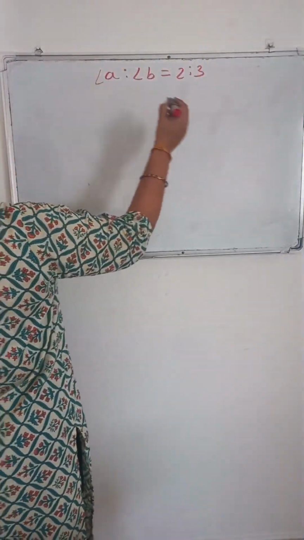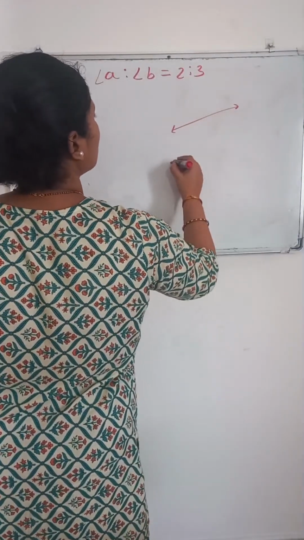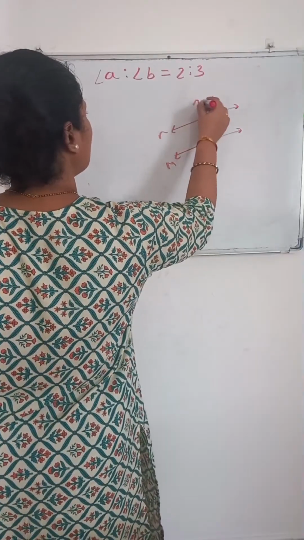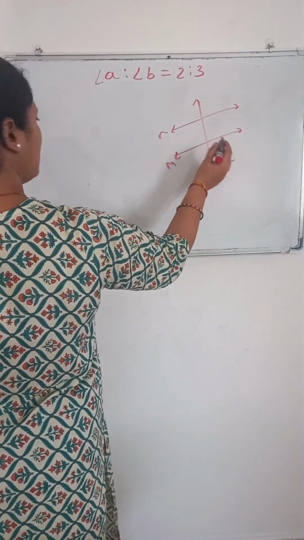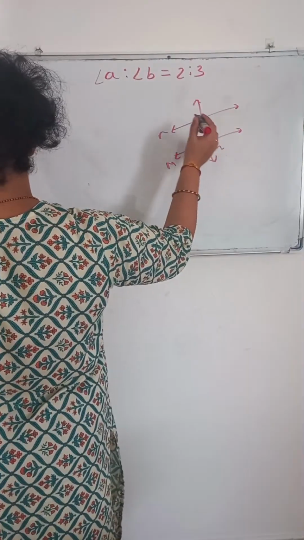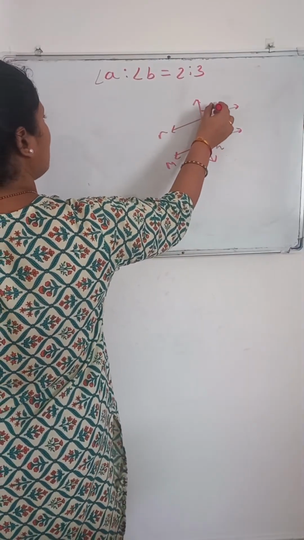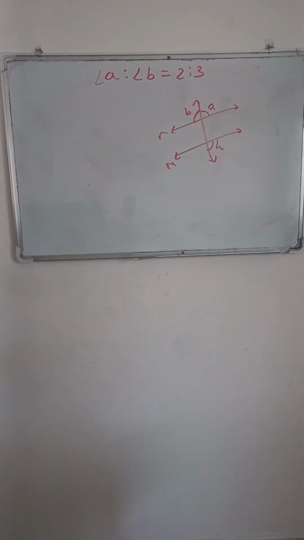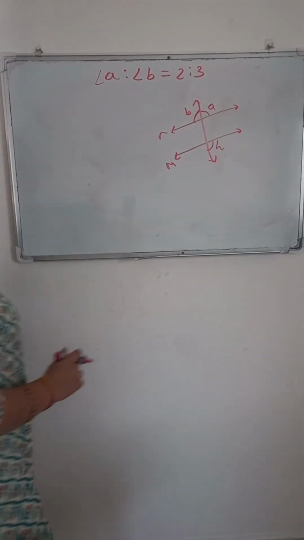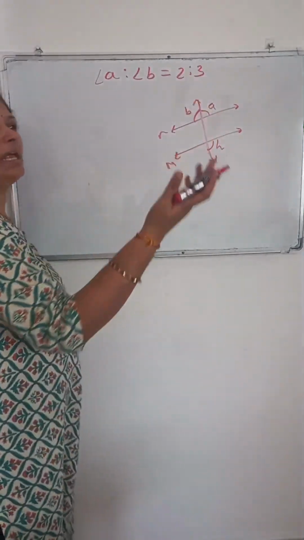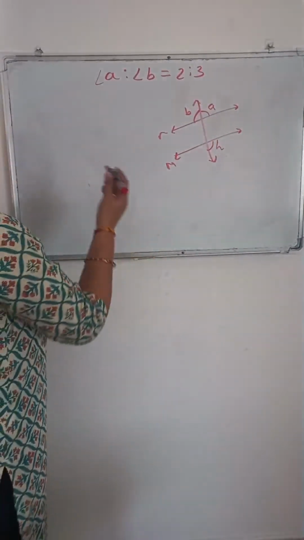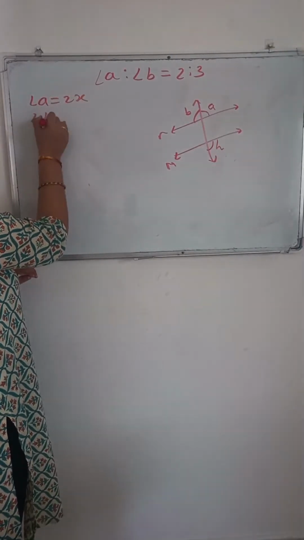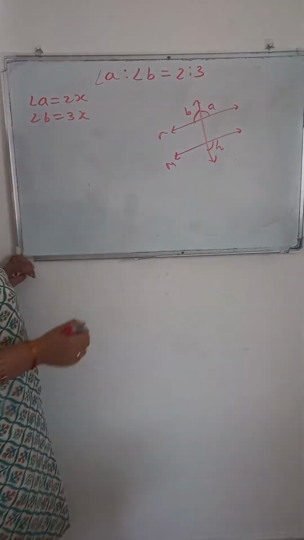Okay. So the figure is given like this. This is M. This is N. This is angle H, and this is angle A, and this is angle B. Their angles ratio is given. That means if suppose the angles are x, we can write angle A as 2x and angle B as 3x.